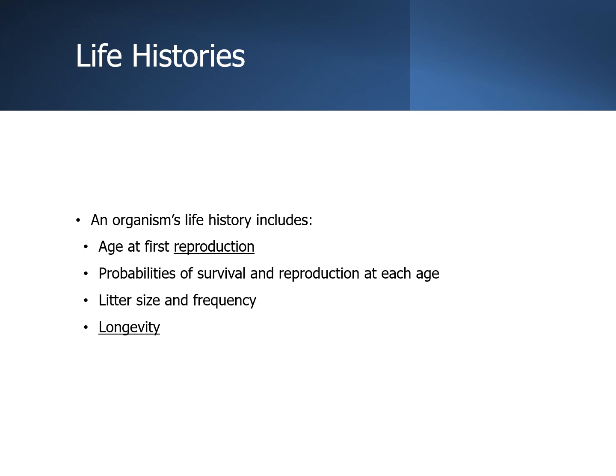So you can kind of think of puberty, although for most species they don't necessarily go through something like human puberty, but essentially the age at the first opportunity that that animal is able to produce offspring, and typically they do. The second is probabilities of survival and reproduction at each age.